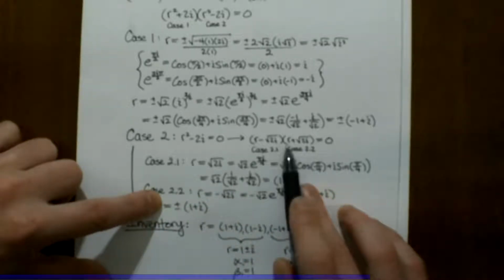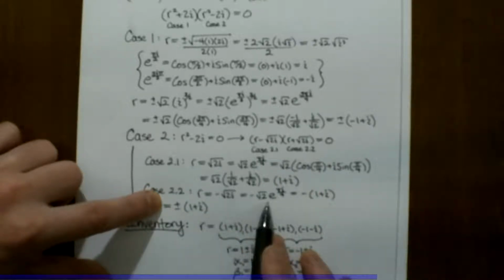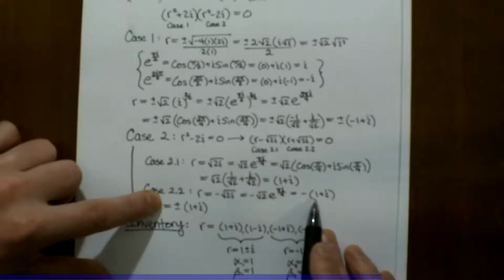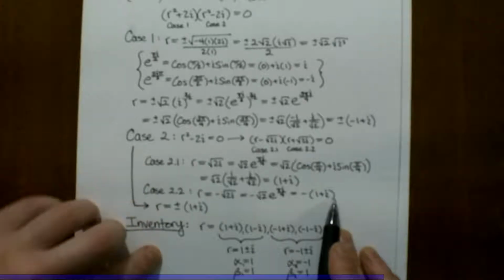So for case 2.2, r must then be equal to negative square root of 2i, and this of course is just the negative of what we had last time. So this is then negative quantity 1 plus i. So we can then write for case 2, r is plus or minus the quantity 1 plus i, combining this and this.